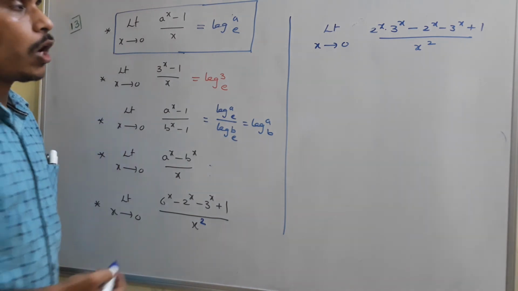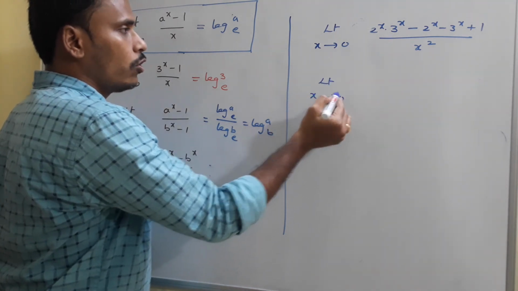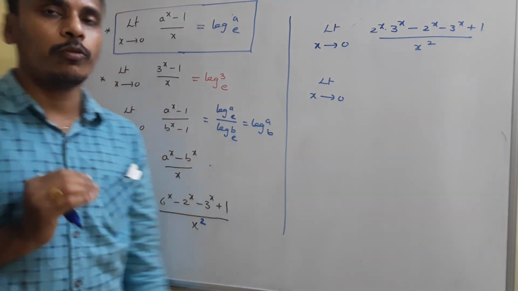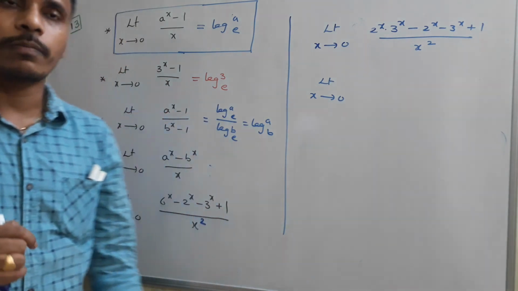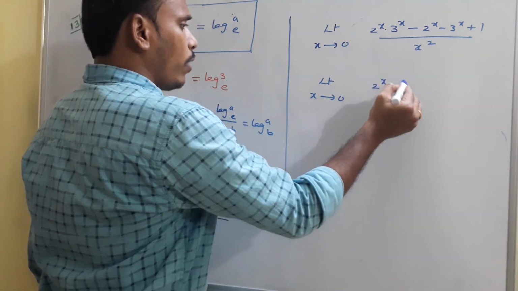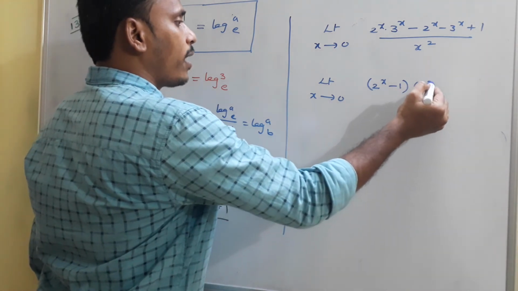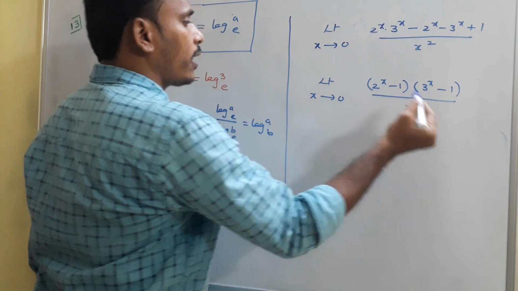Now just observe the numerator. When you factorize it, you can express it as (2 power x minus 1) into (3 power x minus 1) by x square.